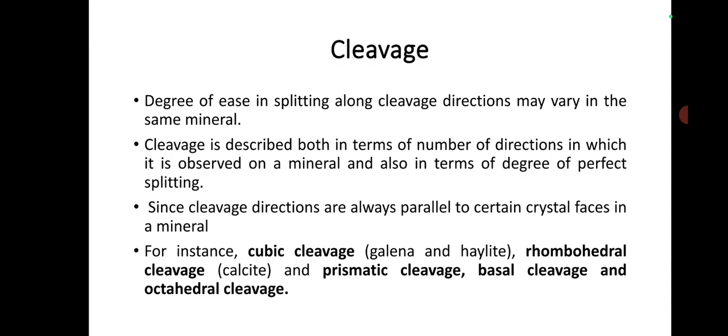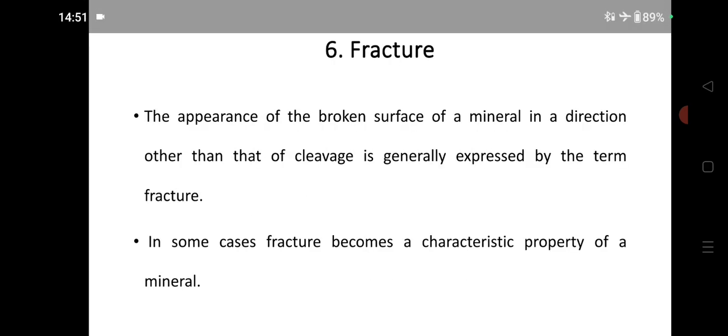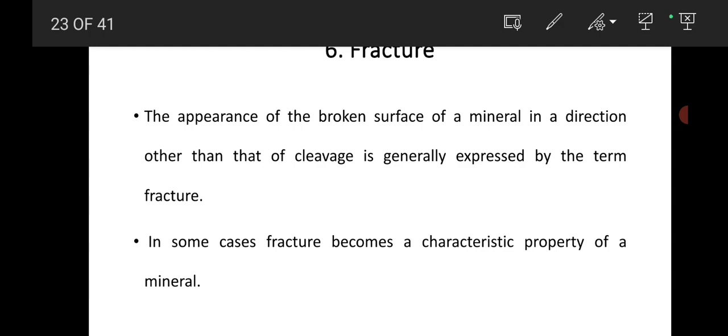So we have cubic cleavage, for example galena and halite. Rhombohedral cleavage is there for calcite, and prismatic cleavage, basal cleavage, octahedral cleavage. So these are the different types of cleavage. Then in terms of the perfection, the cleavage is described as eminent, perfect, good, distinct and indistinct.